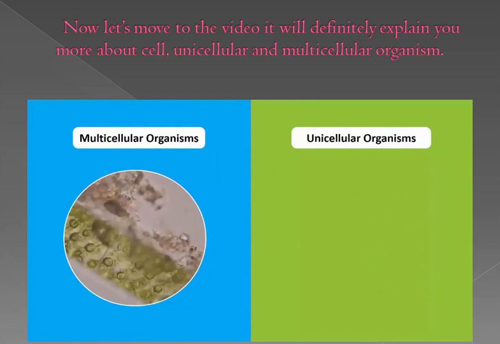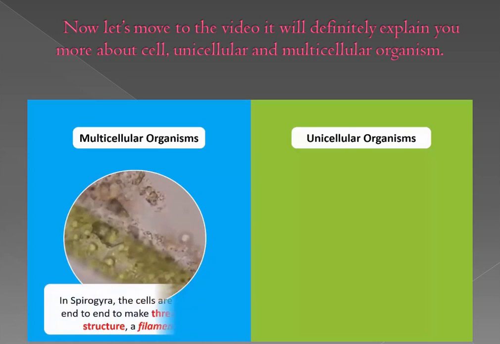But multicellular organisms, such as Spirogyra, are made up of fewer cells, which is why they cannot be seen by the naked eye. In Spirogyra, the cells are joined end to end to make thread-like structures known as a filament.